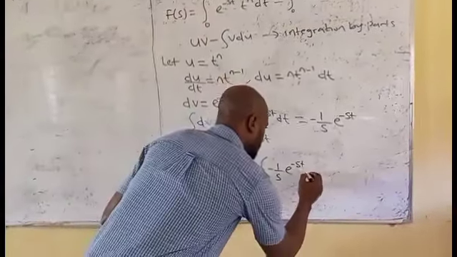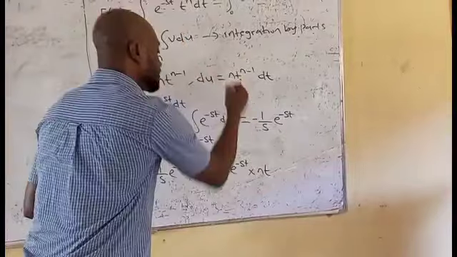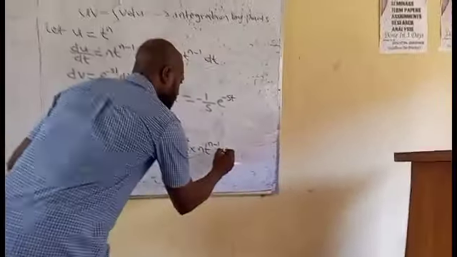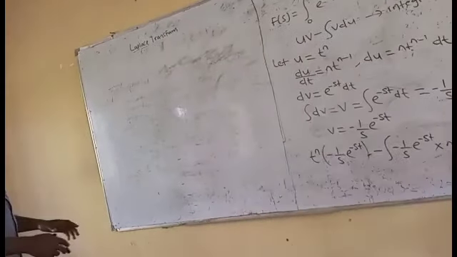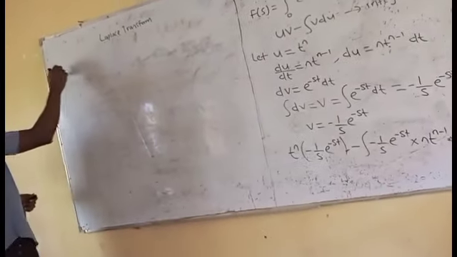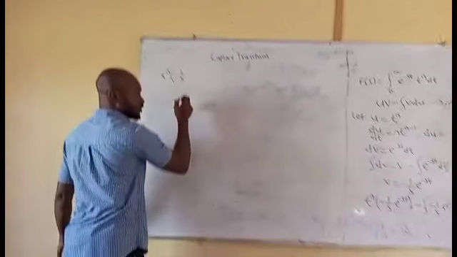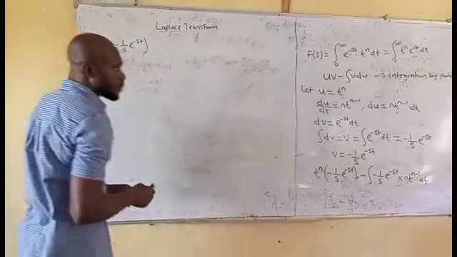I have n multiplied by t raised to the power of n minus 1 times what? The dt. So this is what I'm going to get. So now from here, I'll still write my t raised to the power of n here. From this point, also multiply by minus 1 over s exponential minus st, which is this.